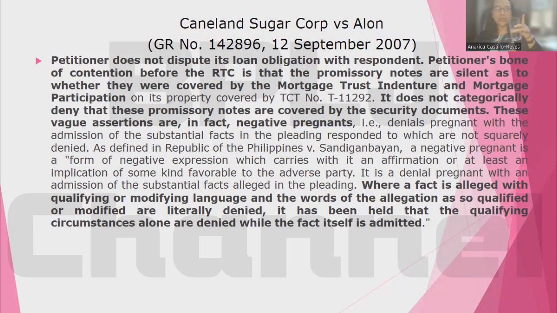We also have the case of Caneland Sugar versus Alon. Petitioner does not dispute its loan obligation. Petitioner is of the contention before the RTC that the promissory notes are silent as to whether they were covered by the mortgage trust indenture and mortgage participation.